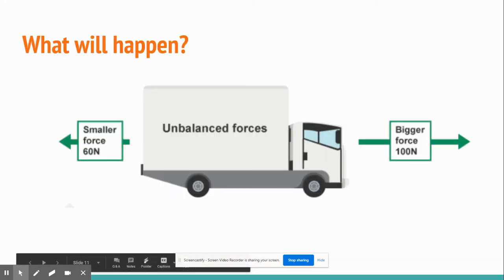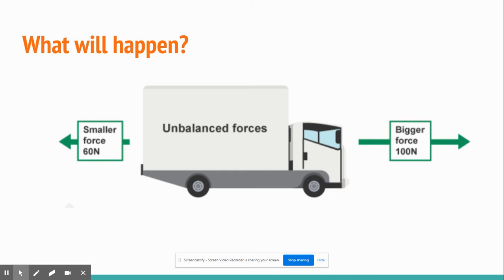So here's what happens if we have unbalanced forces. Here's our truck, and again, it's got a vector indicating that it has a force of 100 newtons acting on this truck to the right. And I notice over here it has a smaller force of 60 newtons. See, the arrow is not as long, acting on this truck to the left. Well, they're opposite, but they're not equal.